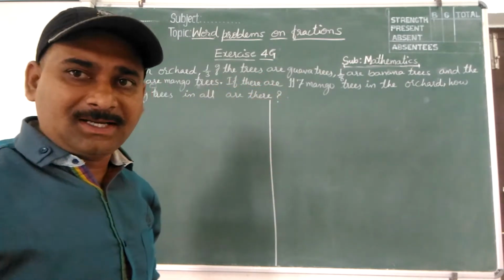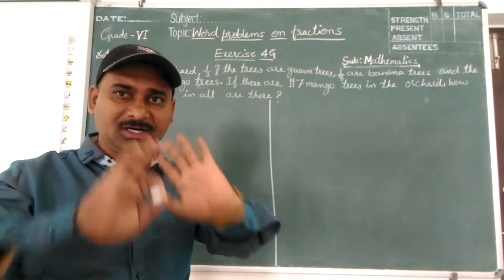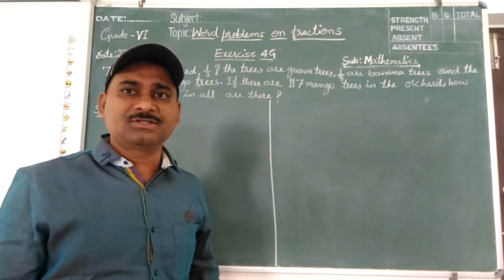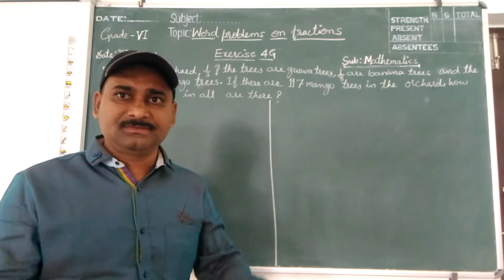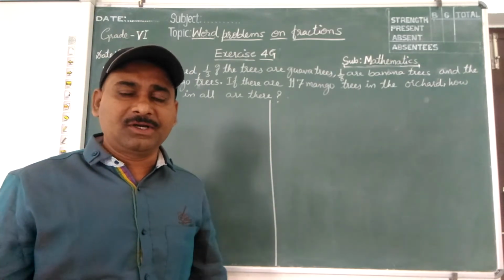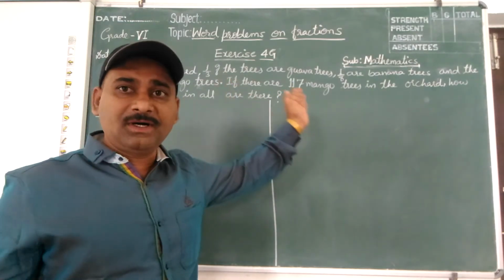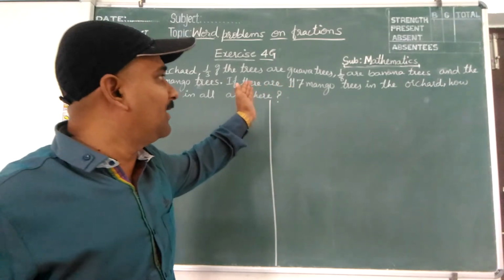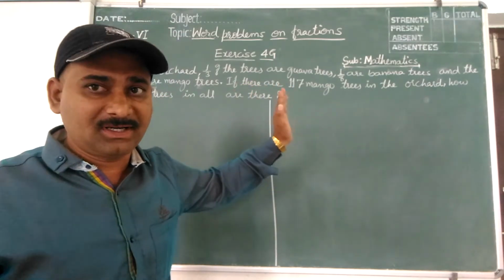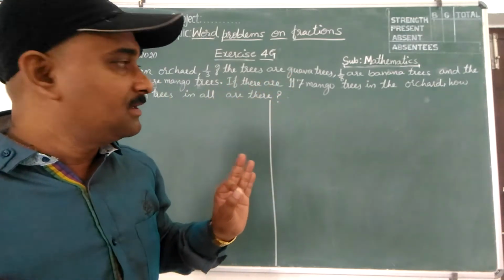1/3 of the trees are banana. In the farmhouse, or a small garden, or a forest, or you can say in the field, right? 1/3 of the orchard's total place is occupied by guava trees, not banana, I'm sorry. 1/3 is guava trees.